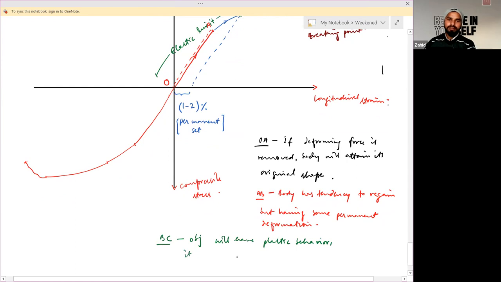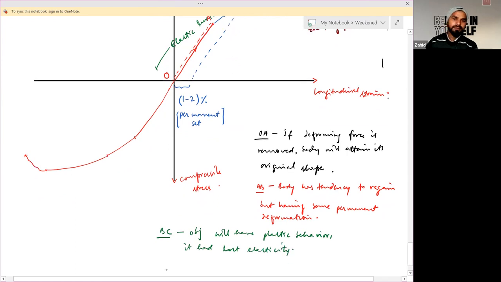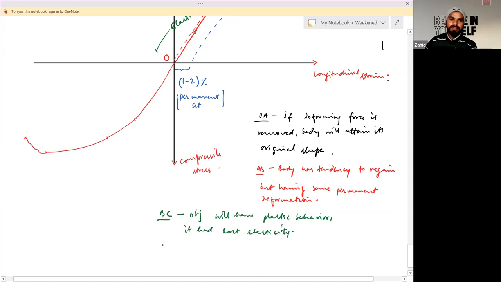It has lost elasticity. And from C to D, it will start to flow and break up. Any contradiction?